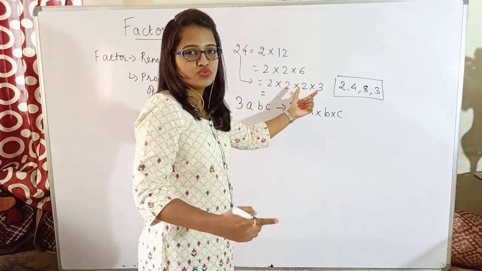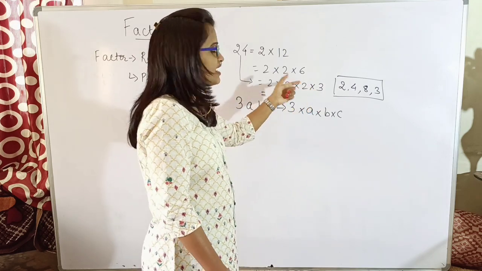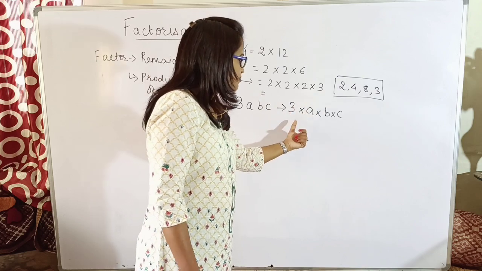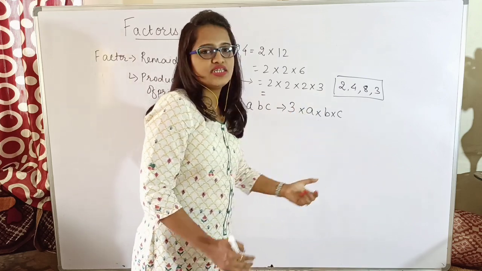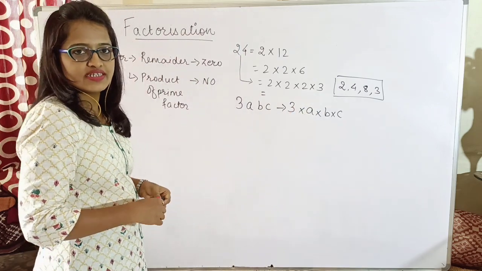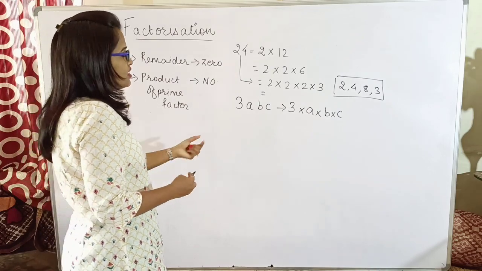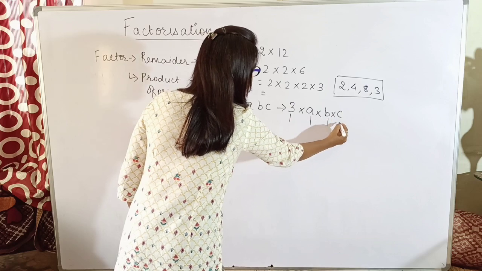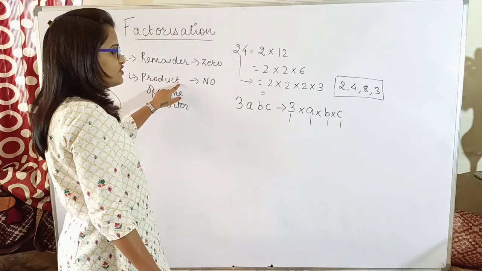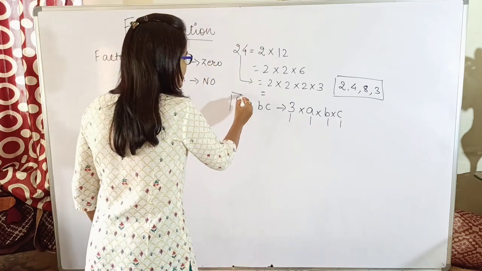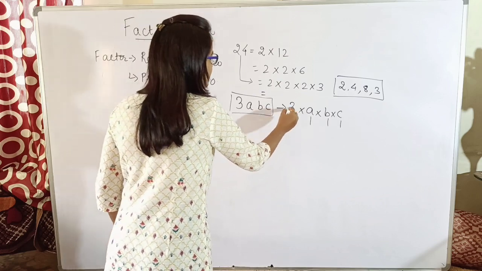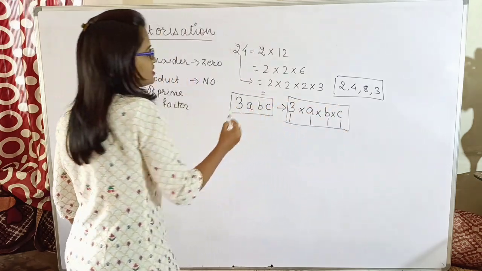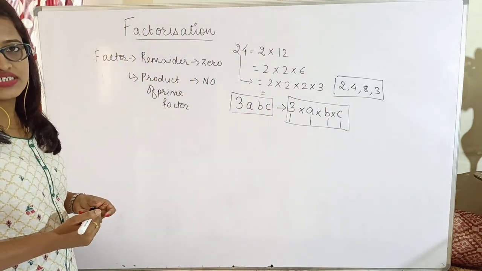But in 3abc, 3, a, b and c are all different entities. Hence the factors of 3abc are 3, a, b and c. And the next thing: how can I obtain 3abc from the given factors? By taking the product of the factors.